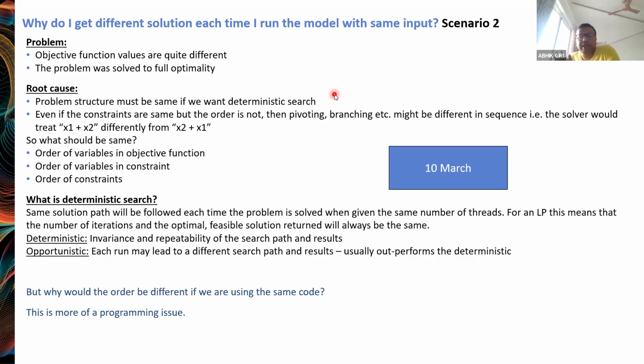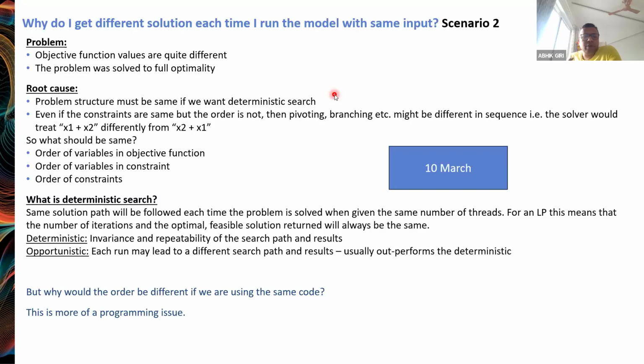Deterministic search will take more time because of the number of threads we are using, but the guarantee is that your search path and results would not differ from one run to the other. You'll get identical, repeatable results across different runs.